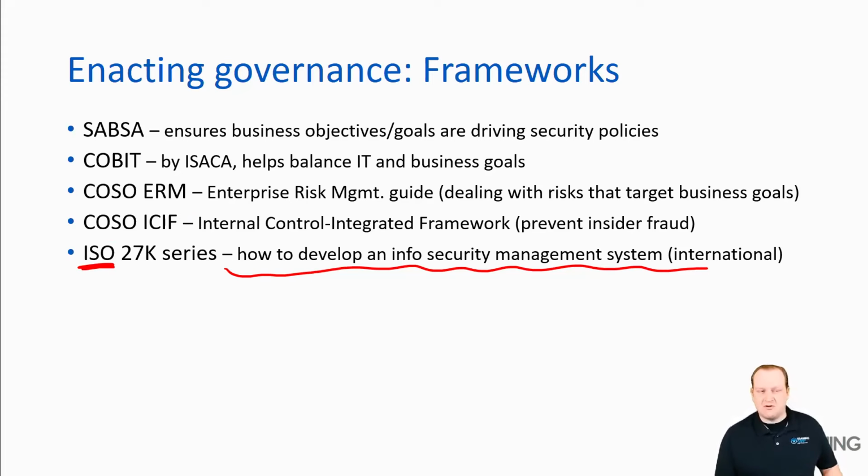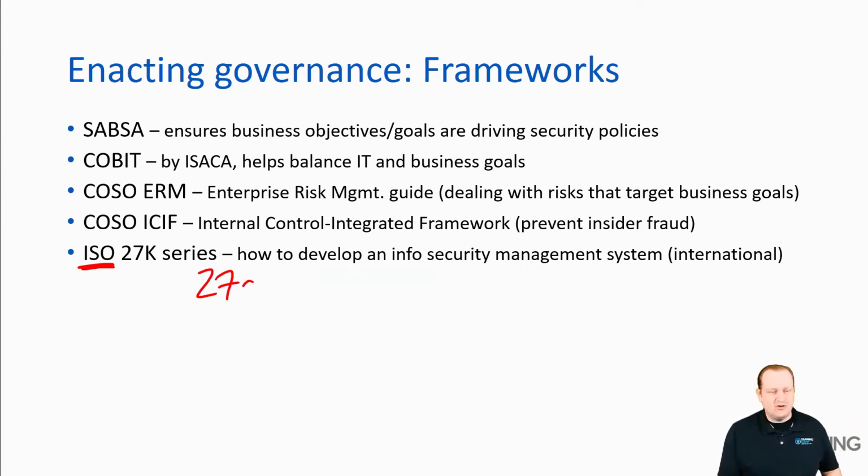I bet China's never once talked about one of those, or it would seem very unlikely. But the ISOs, boy, they show up everywhere. The International Standards Organization takes input from just about everybody, and thereby seems to be very, well, international. It's right there in the name. With 27001, and they do that with all the international standards. They handle definitions. In the very first part of the 27,000 series, which is all about IT security, they define terms.